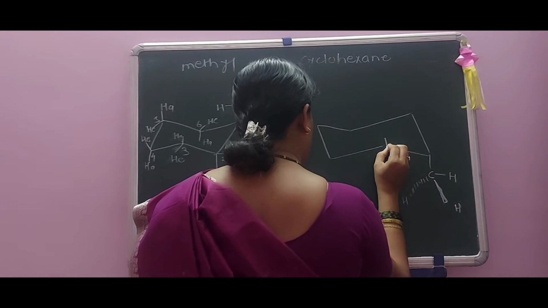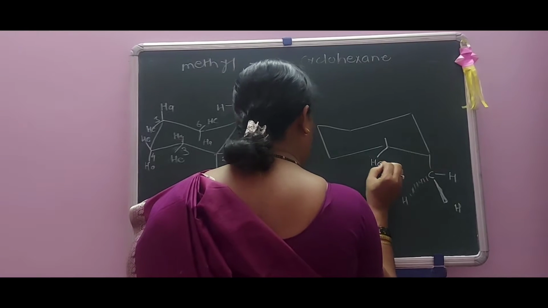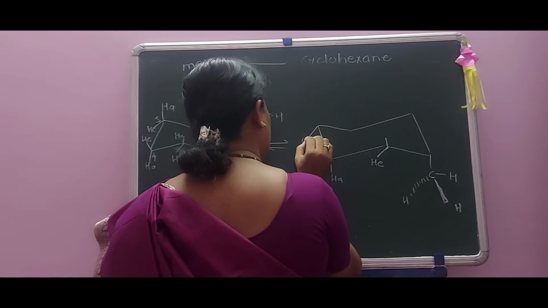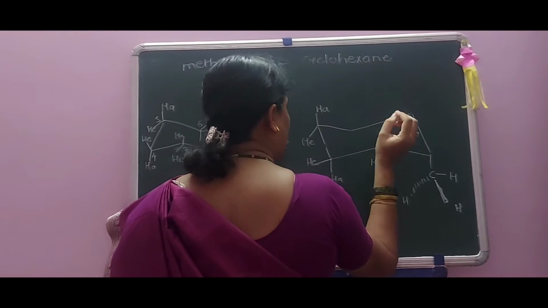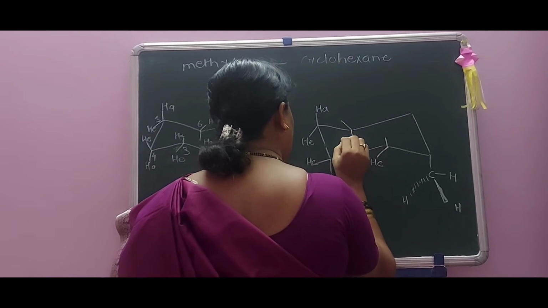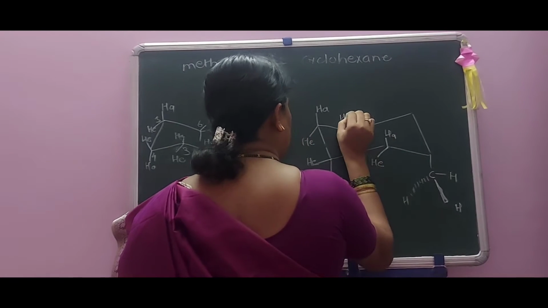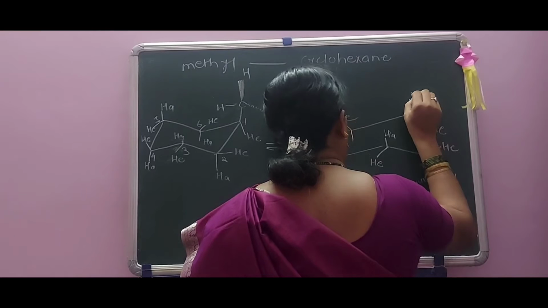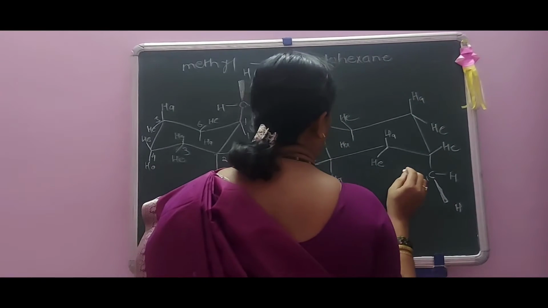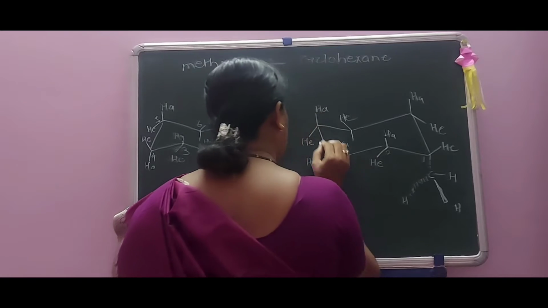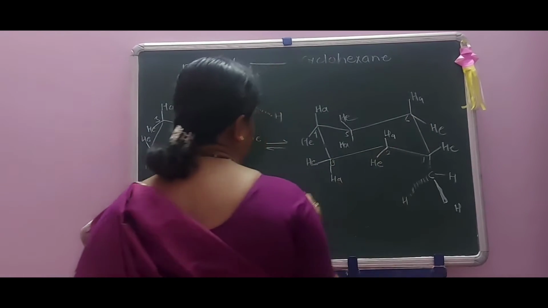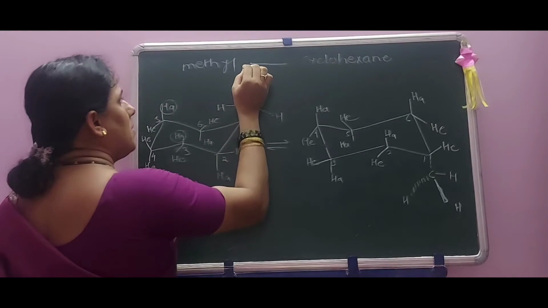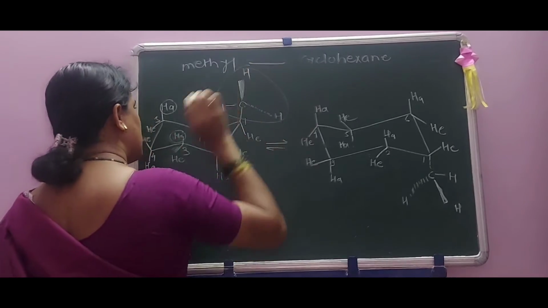Here this is the equatorial hydrogen, this is also equatorial, this is axial hydrogen, and so on, equatorial and axial at each carbon. Now this is 1, 2, 3, 4, 5 and 6. This is the hydrogen atom and this is the CH3 group.